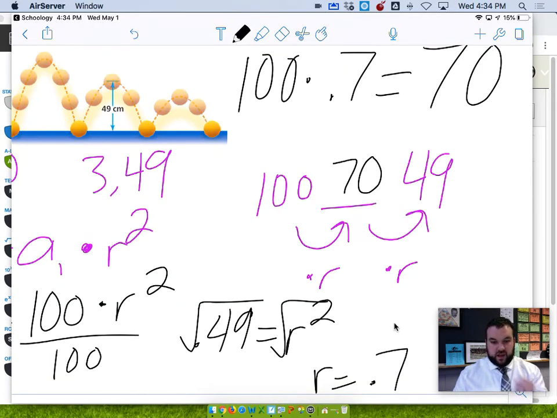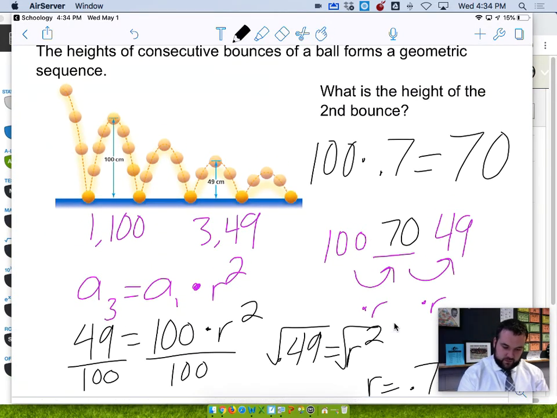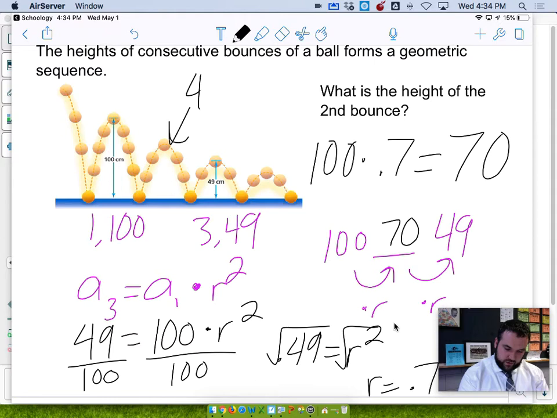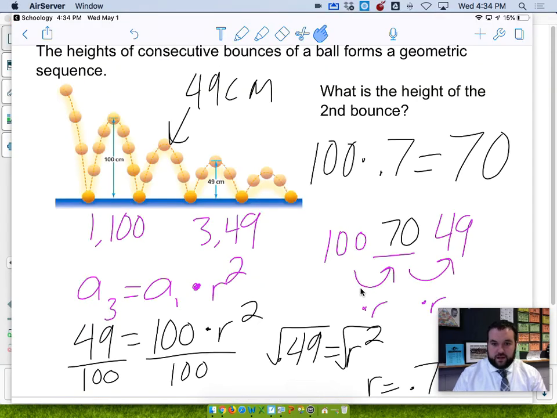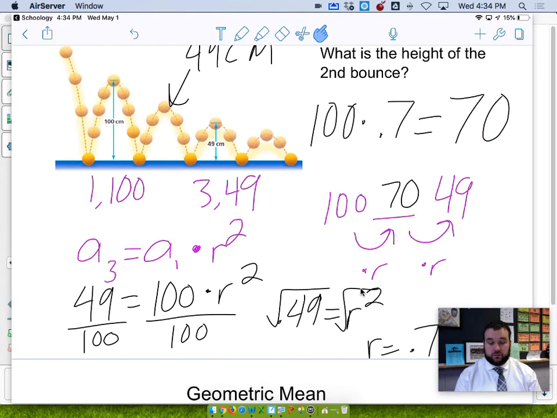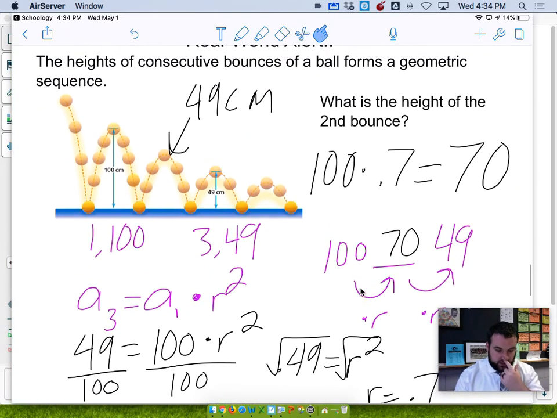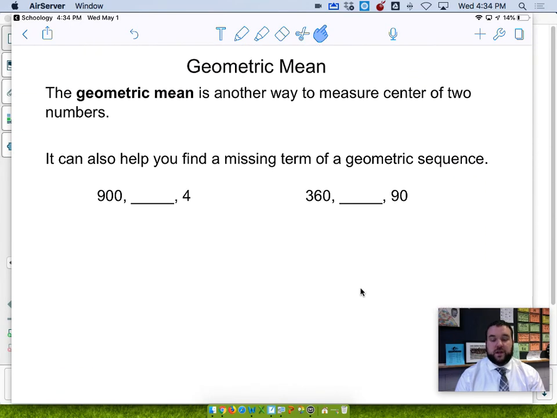So here we have our middle bounce. This right here was 49 centimeters. Now, that is helpful, but that's kind of a lot of work to get one missing number. A shortcut that we can use for this is to find what is called the geometric mean.